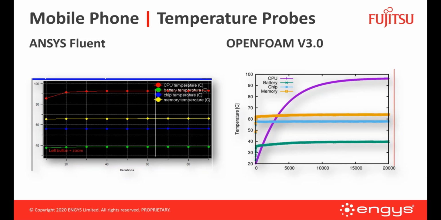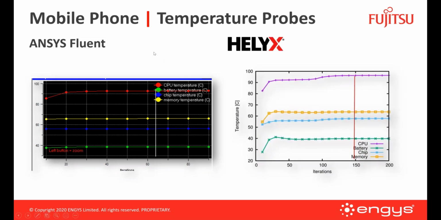So I'd say it's relatively converged, or it converged just a little bit after this point right here with the CPU. Now, if we compare this with Fluent and HELYX, we can see that the number of iterations between Fluent and HELYX are more on the same order of magnitude. We can see that HELYX converged around 150 iterations. And so that's pretty good compared to another commercial code.